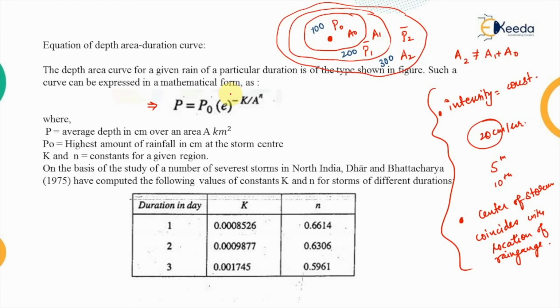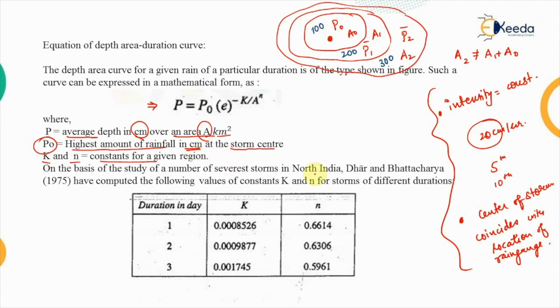That is representing the variation of the rainfall in a particular area, where P is the average depth in centimeter over an area of A square kilometer. P naught is the highest amount of rainfall in centimeter at the center of the storm, and these k and n values are constants for a given region.